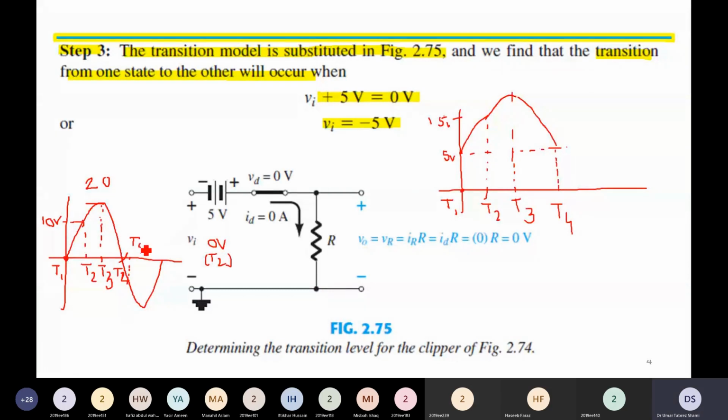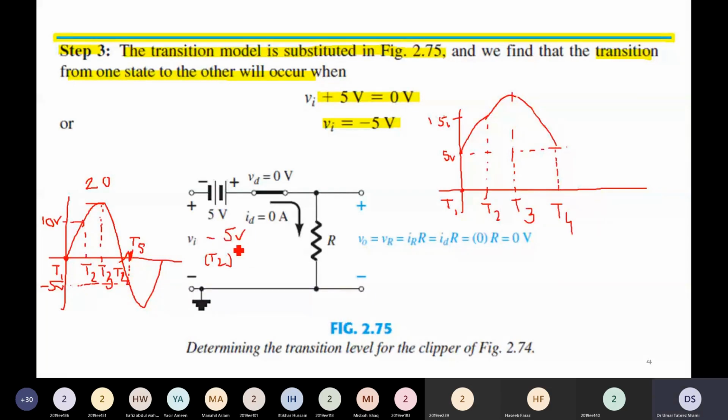At time t5, the input voltage is, let us take it as, minus 5 volts. So this is time t5, where the input voltage is minus 5 volt. What we have is that we have V in equal to minus 5 volt.